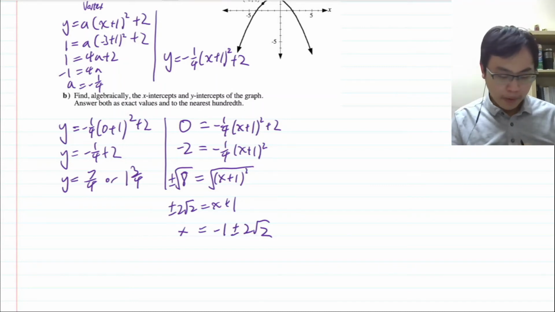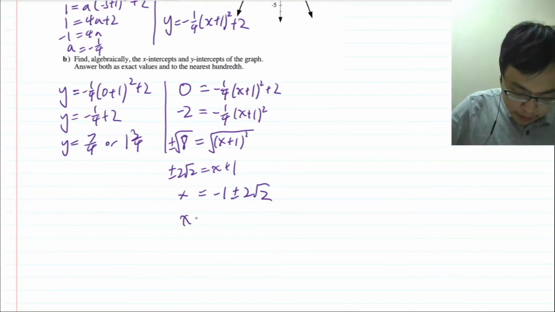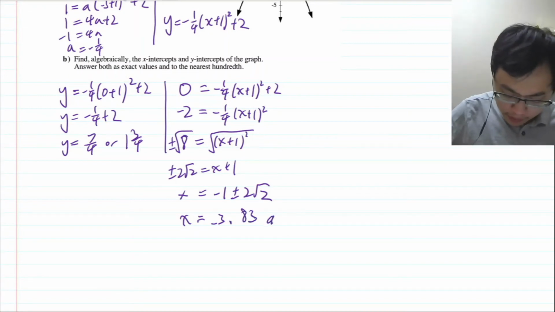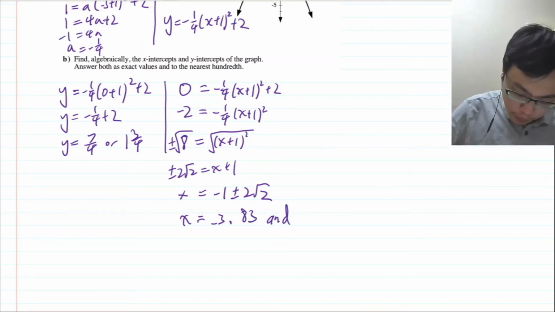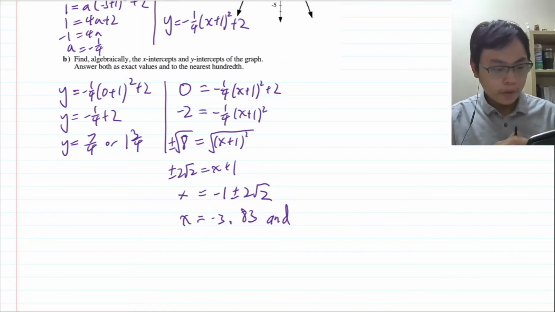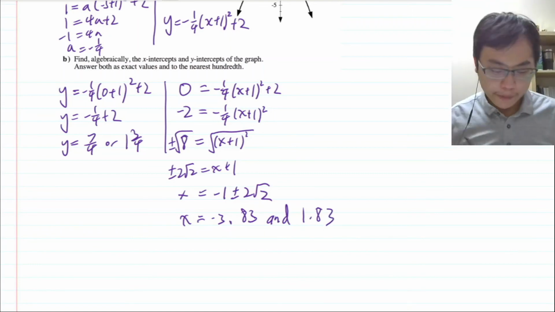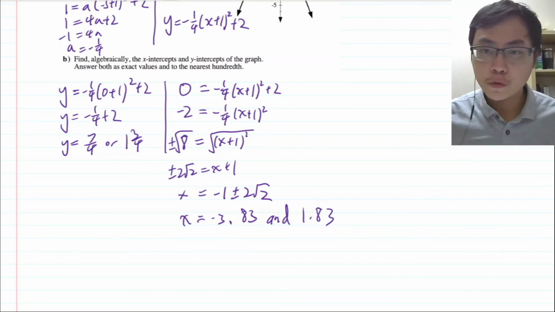So negative 1 minus 2 root 2, and we would get x equals negative 3.83 as one of our answers, and the other answer, the plus version, would be 1.83. Okay, so that is how we do this question.